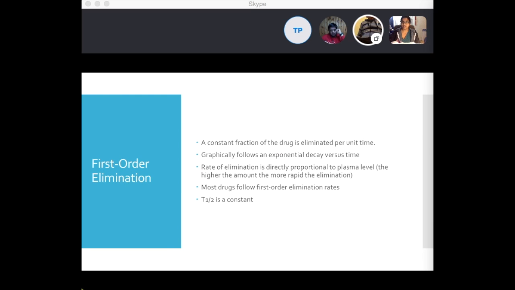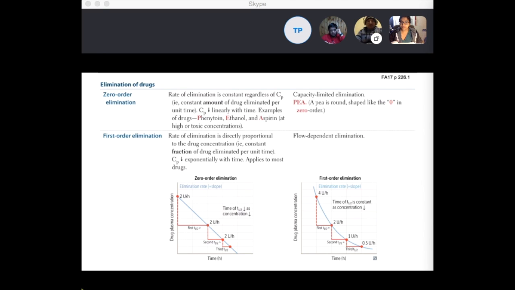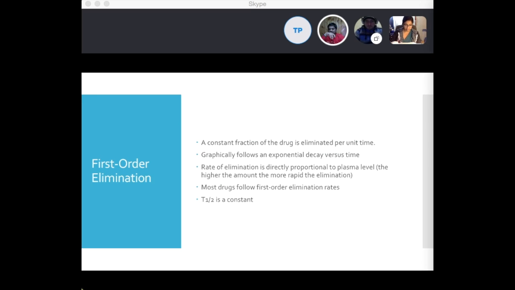Alrighty. So this is taken from First Aid, as you can see. When you talk about constant elimination, you're talking about per time. Like, the half-life is per time, right? Yes. So it's going to do it consistently at certain intervals, whereas in first order, it's going to do it when the concentration is half eliminated.